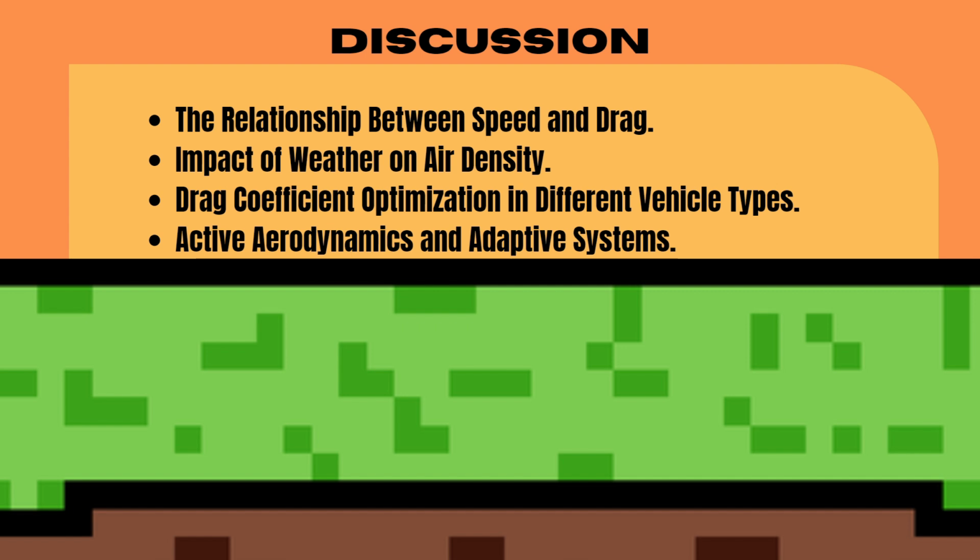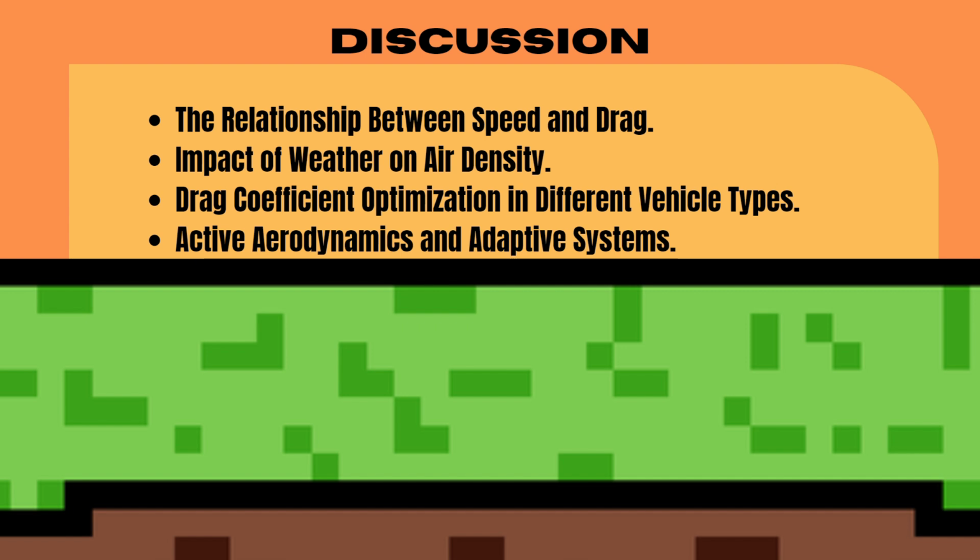So moving to the discussion, we have the relationship between speed and drag. Drag force increases exponentially with speed, meaning that as a vehicle or object moves faster, drag becomes much more intense.